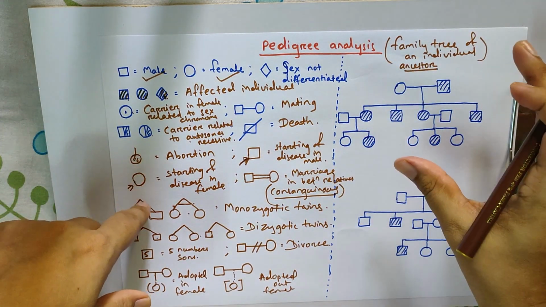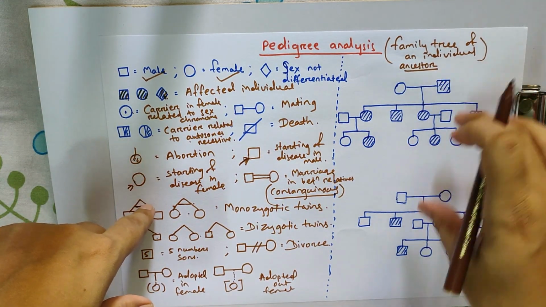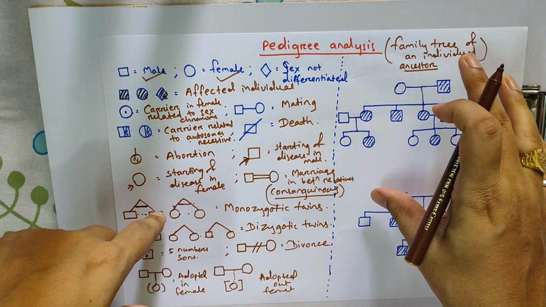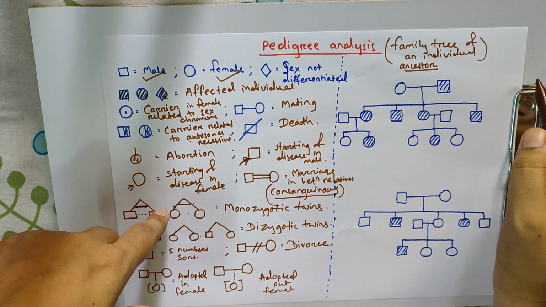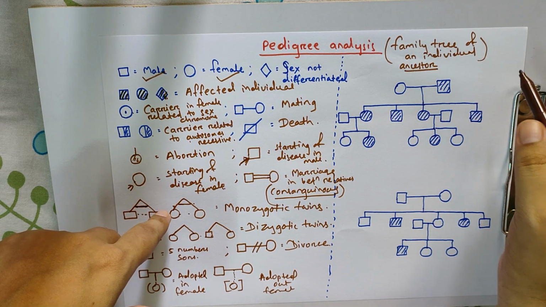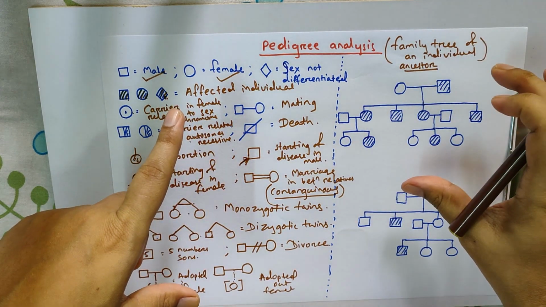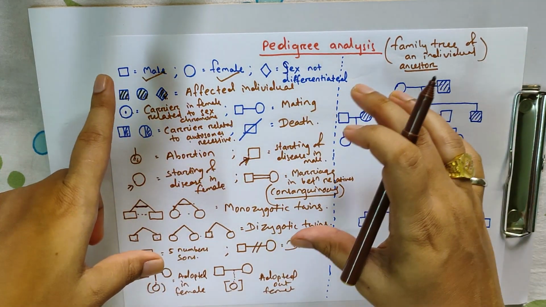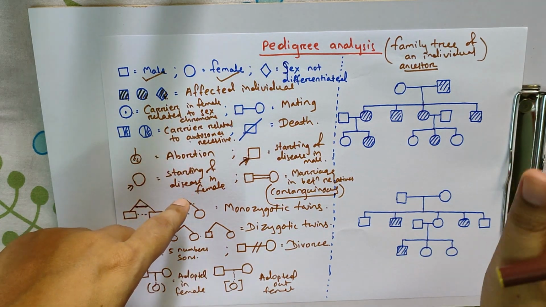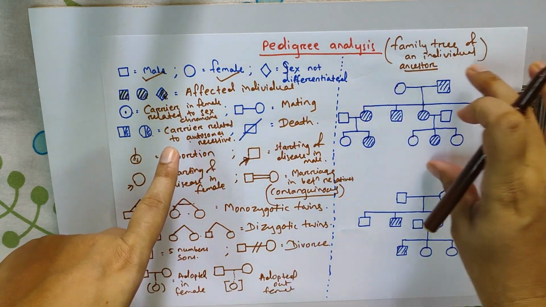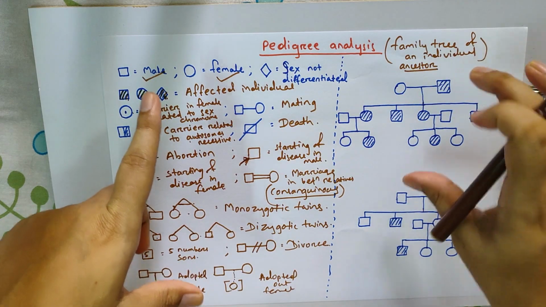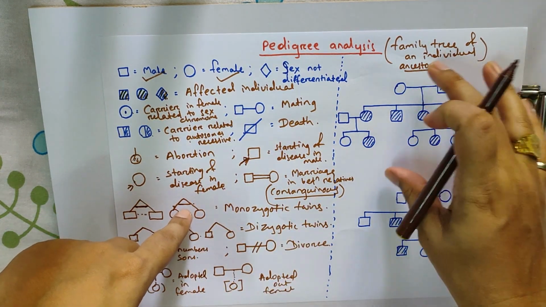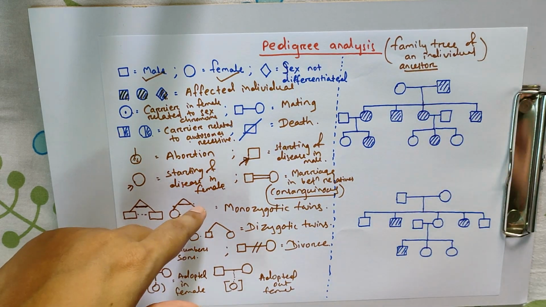This kind of problem comes in the NEET exam. They will ask whether this represents autosomal recessive or autosomal dominant, X-linked recessive, X-linked dominant. So first of all, we study this diagram, and we should know whether it is dominant or recessive.